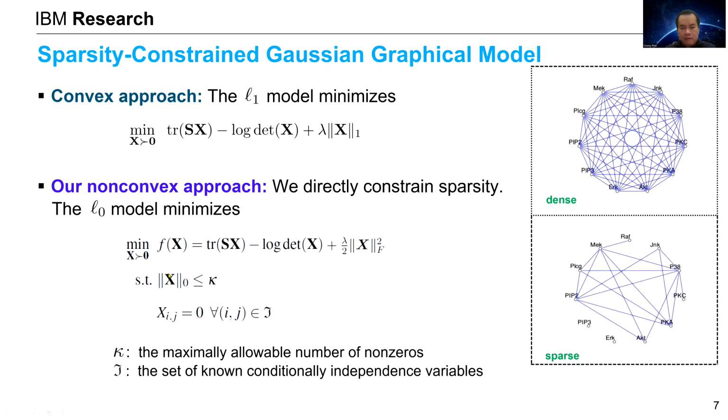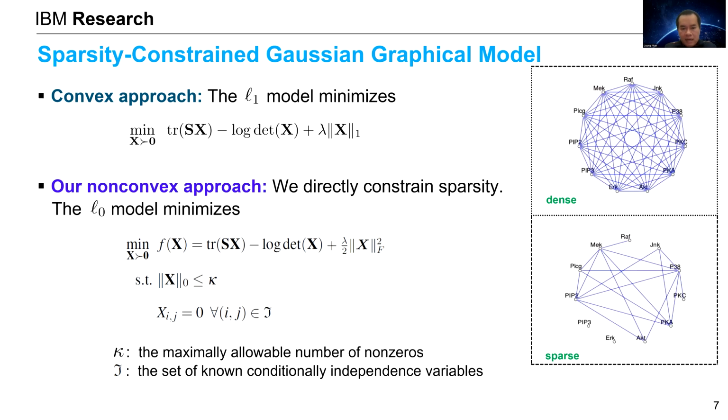That's the meaning of L0: it counts the number of non-zeros in the matrix, and we directly impose the condition. But we also impose the robustness condition on the entries of the matrix. For that, we include the L2 norm here.